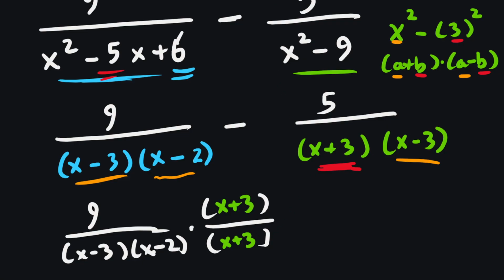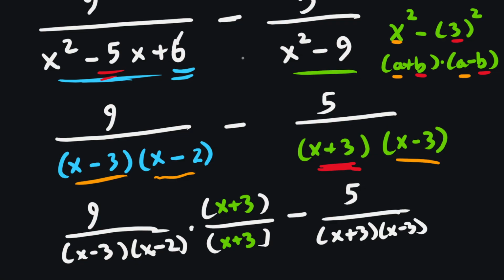Okay, good. And let's do the same thing with the other one right here. So 5 over, and then we'll write the entire thing, x plus 3 times x minus 3. And we're going to multiply the top and bottom by whatever is missing. So in our denominator currently, we have x plus 3 times x minus 3.